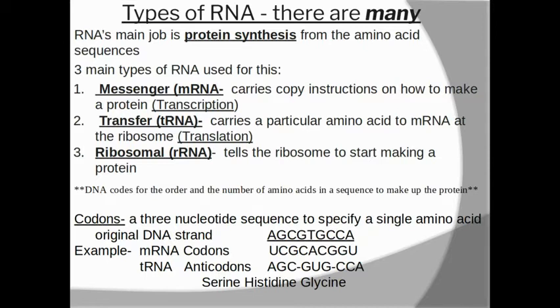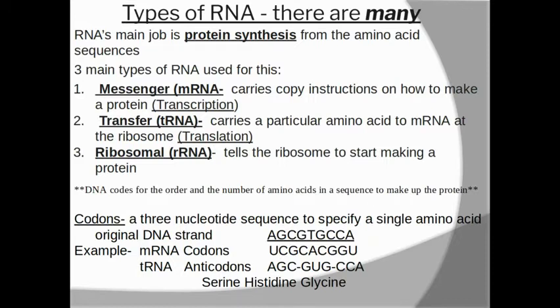DNA codes for the order and number of amino acids in a sequence to make up any protein in your body. Some of the proteins in your body are gigantic. Some of them are as small as 50 to 100 amino acids, but many are very, very large. So in order to make a long protein, you've got to have a long genetic code.